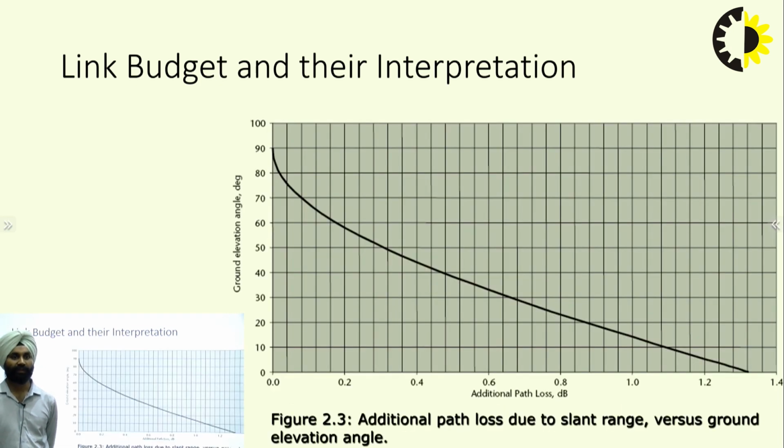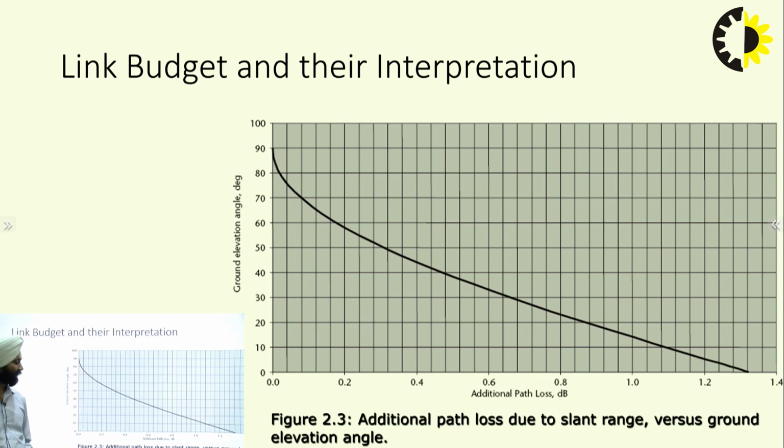So with this, if we increase this slant height, then we can see that the path loss will be increasing as this additional height will be increasing. Initially the elevation angle is low and the path loss is more, while the path loss is less at 90 degrees.